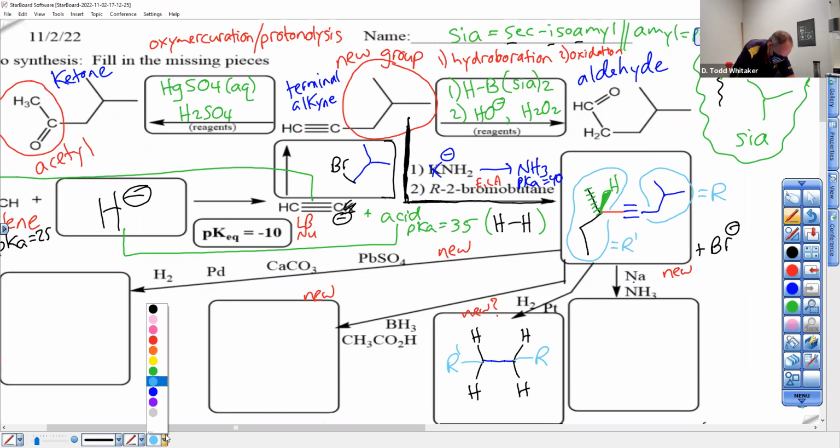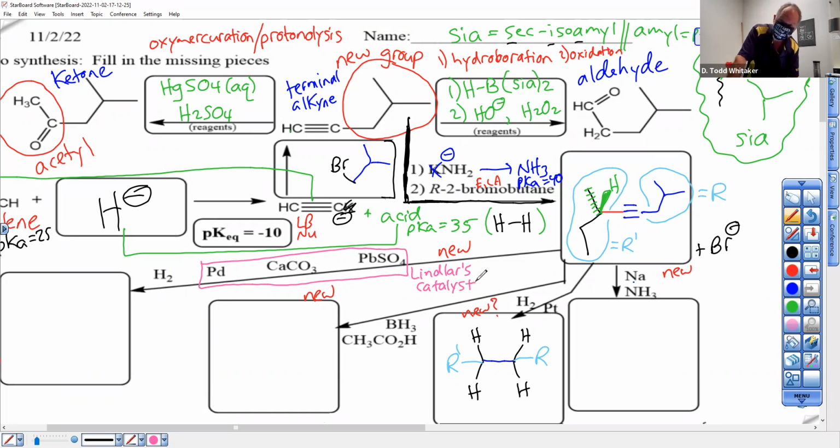Now, if you change that catalyst to this catalyst, it's a combination of 3 chemicals called Lindlar's catalyst, circled in pink. H2 is not circled, it is a reagent. I want to do this net reaction next because they both have H2.